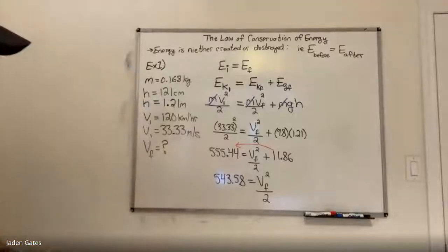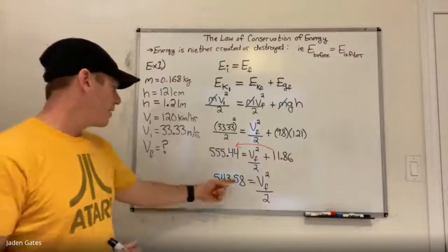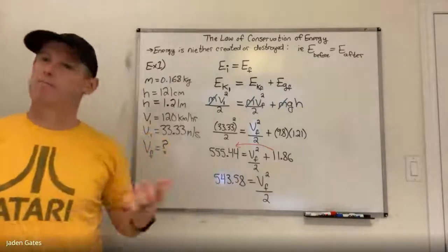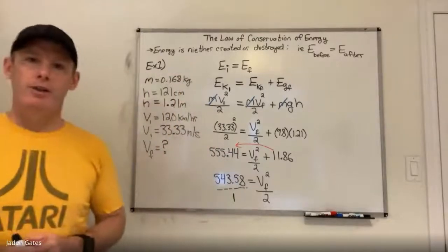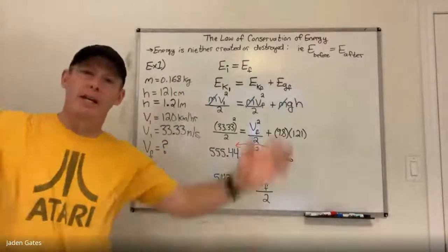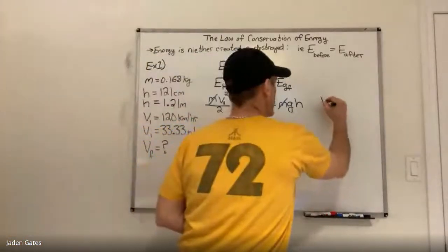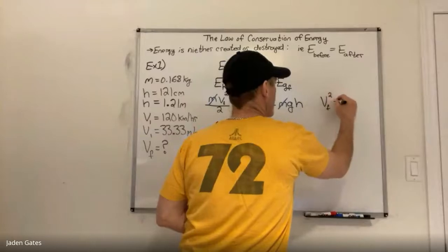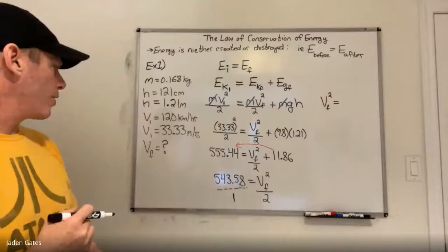A lot of ways you can do this one. I think the most simple one, I've done this many times: I have a number equaling a fraction, and I like to always create a fraction equaling a fraction. That way I can cross multiply and get rid of all the fractions. So I have 1 times vf squared, well, that's going to be vf squared. And then I have 2 times that 543.58.